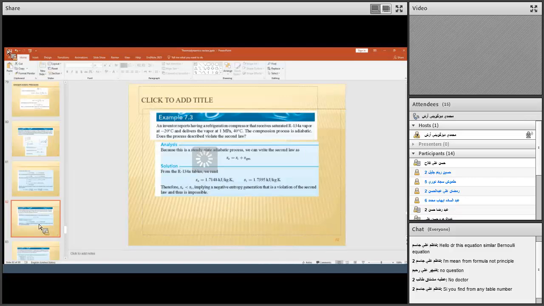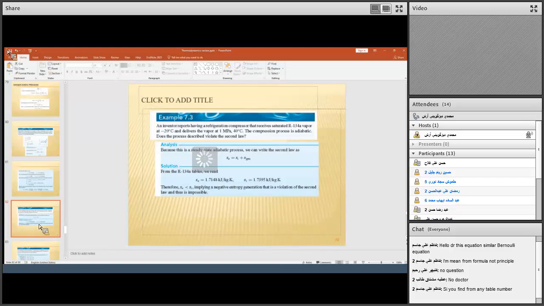The compressor is considered adiabatic. Does this process violate the second law? So what should we check? We should check the second law of thermodynamics.